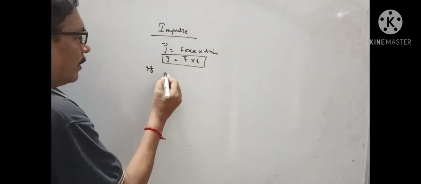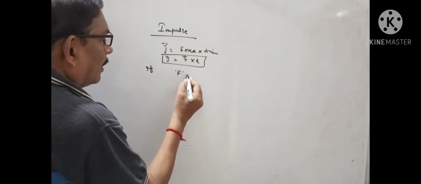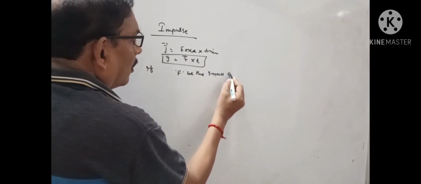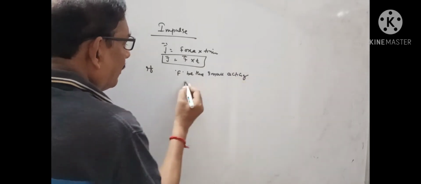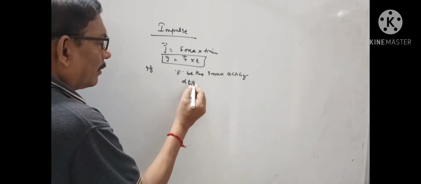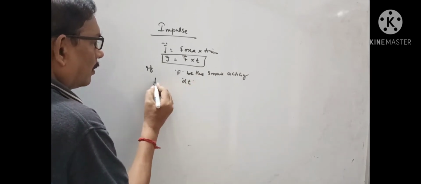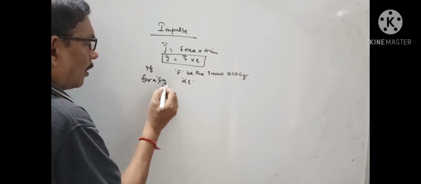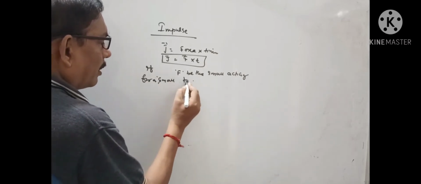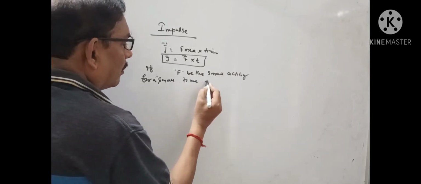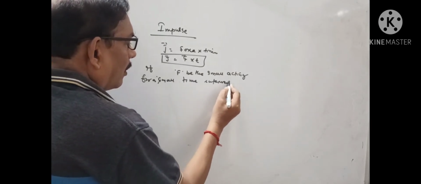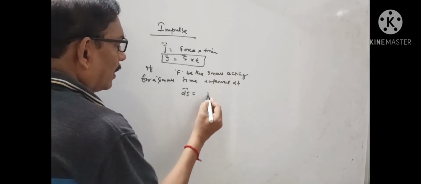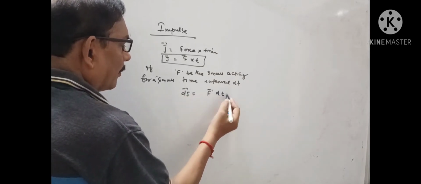If F be the force acting for a small time interval dt, then the impulsive force dJ is equal to F into dt.